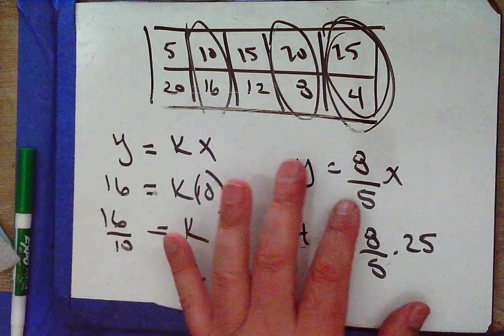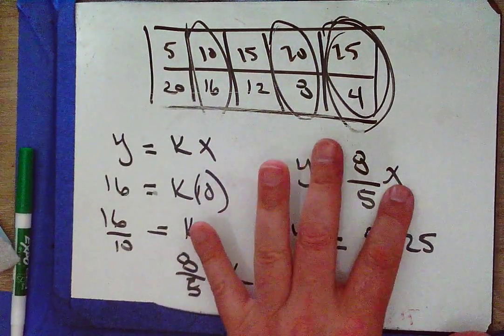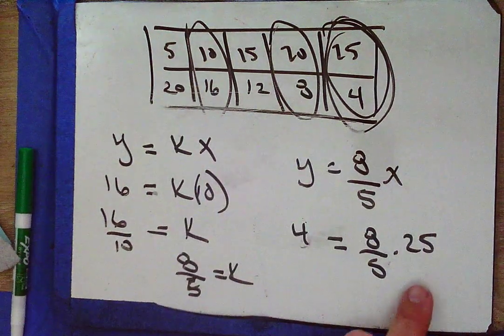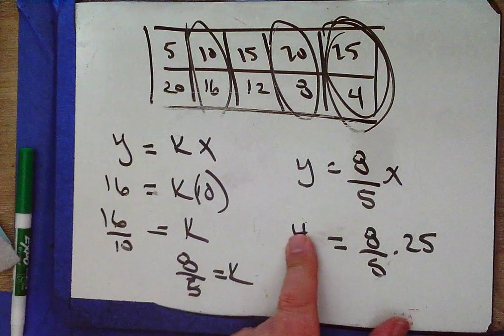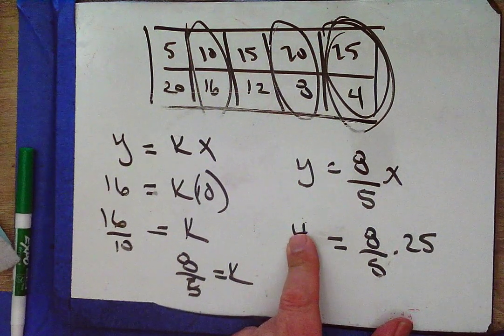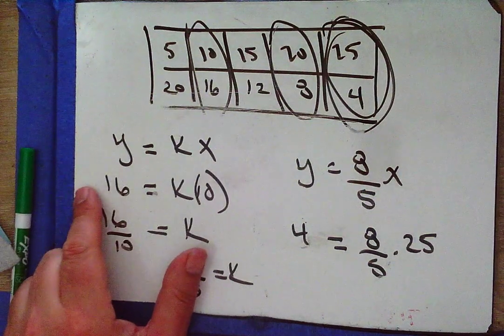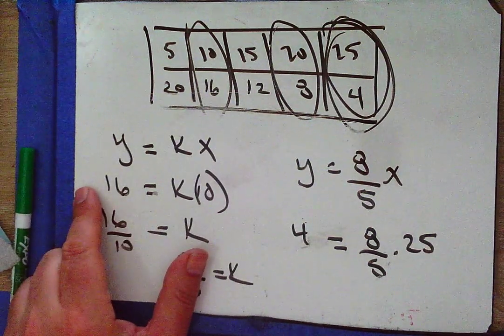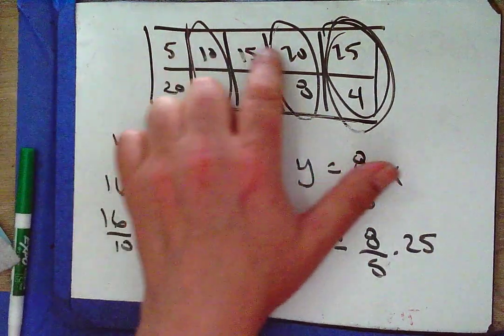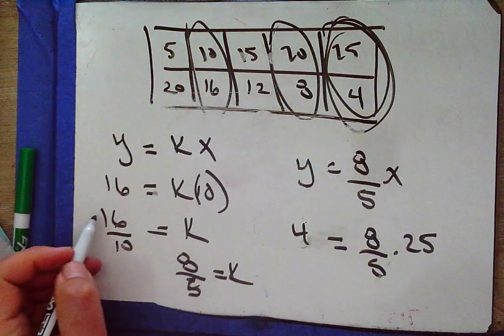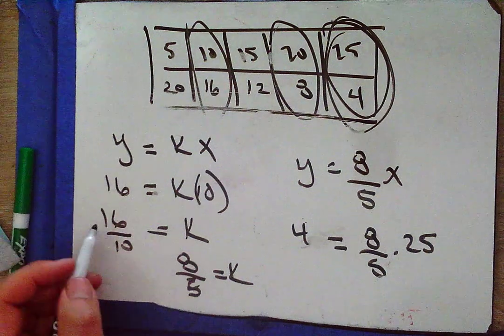Input, output, input, output. I feel like it's here. 16. These are going up by 5. These are going down by. Now I understand. Down by.